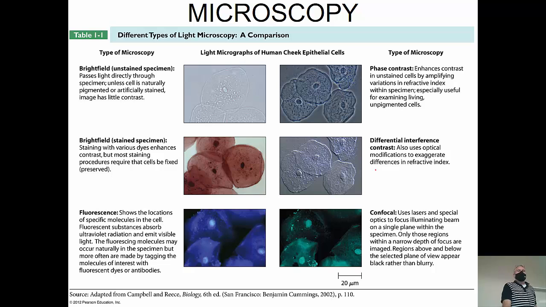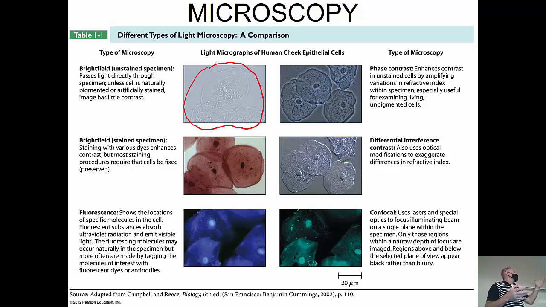You have a light below your sample and the light shines through your sample. Some of that light gets absorbed by the sample, which allows you to visualize all of the areas where you have material that's dense enough to absorb the light.